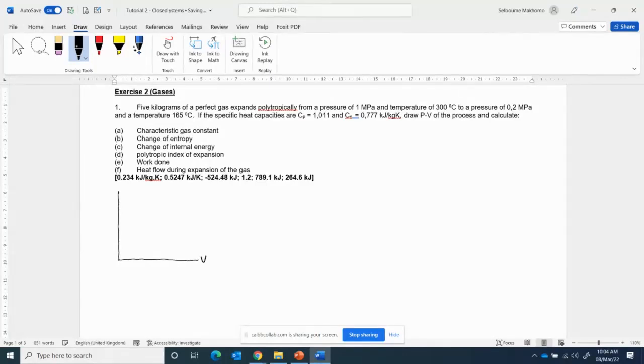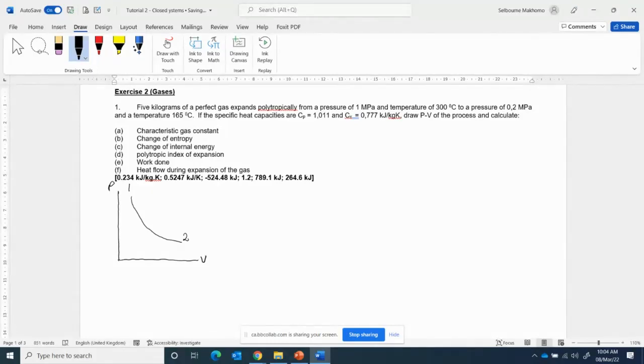This is volume in cubic meters, pressure in kPa. So the name of the process is the gas expands polytropically. You draw a curve where you have P1 and then you have P2.